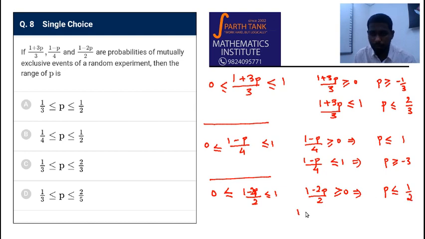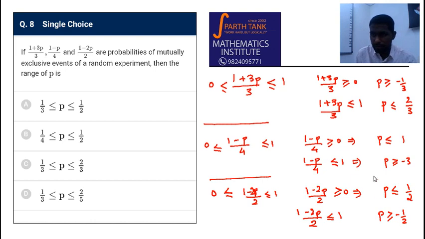The same way I get (1 minus 2p)/2 less than or equal to 1, so p should be greater than or equal to minus 1 by 2. Right? I hope all these things are quite clear.